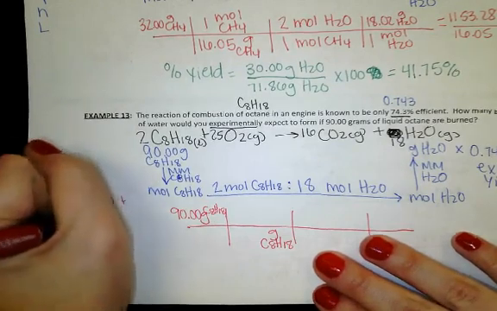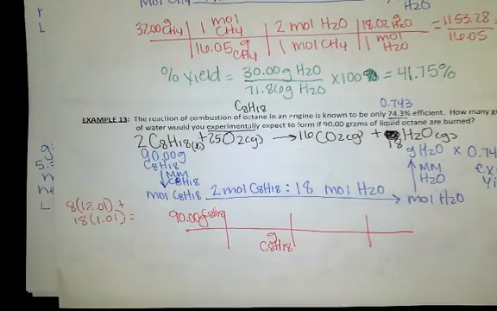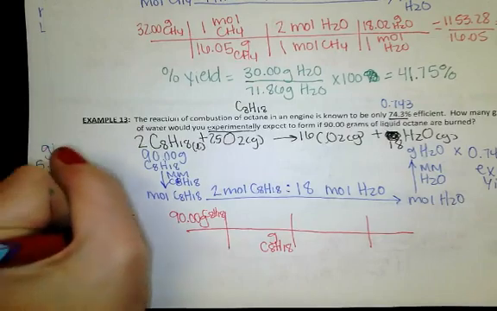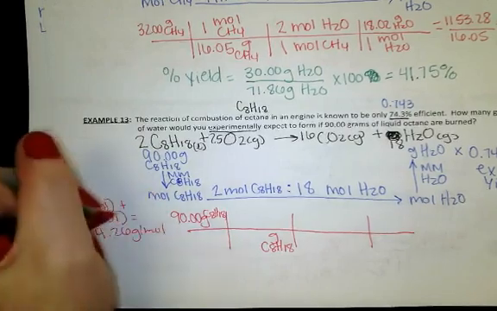It's going to give me 114.26 grams per mole. Okay, so 114.26 grams of octane and 1 mole of octane.